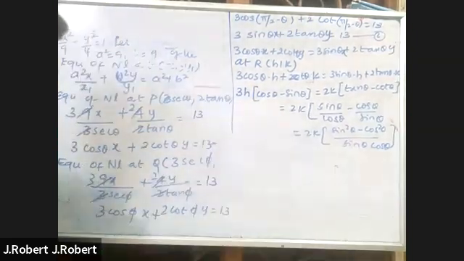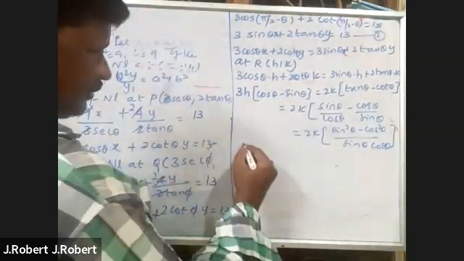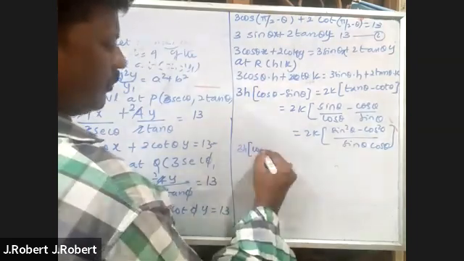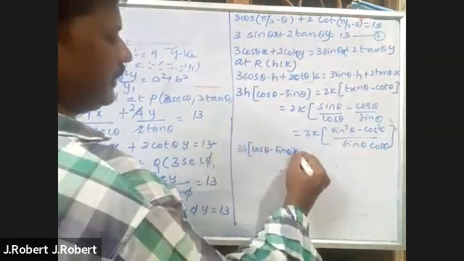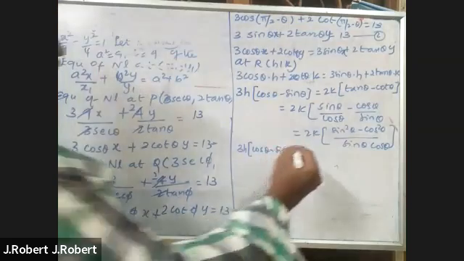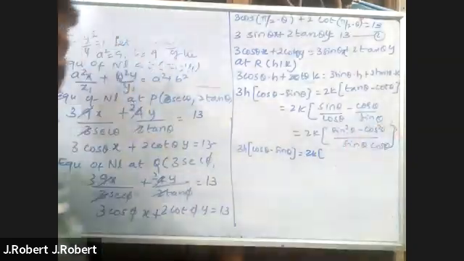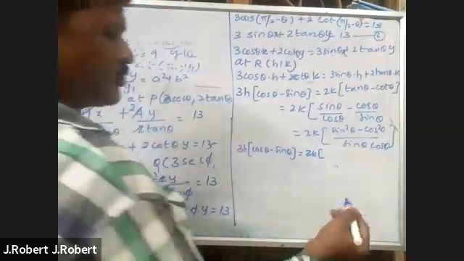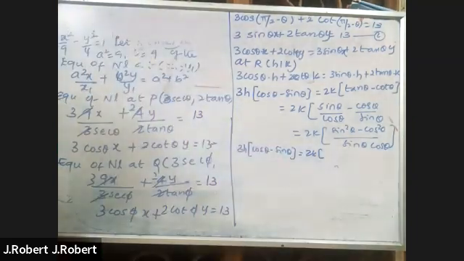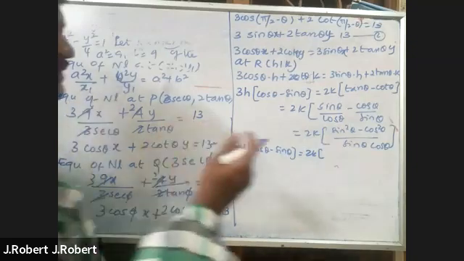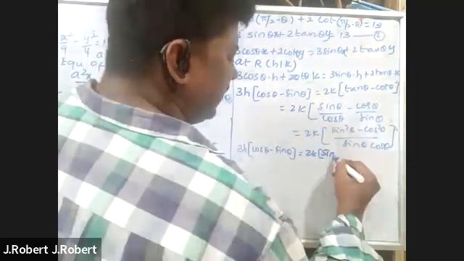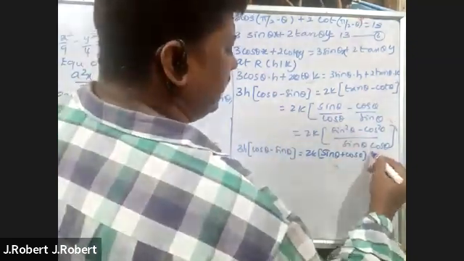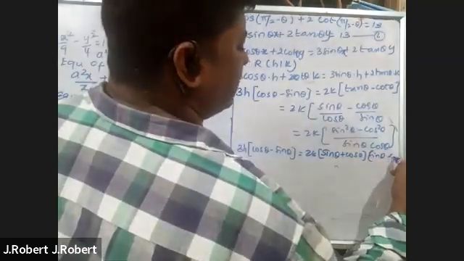Next step. Your 3h into cos theta minus sin theta equals 2k into this expression. This is of the form a squared minus b squared, a plus b into a minus b. So sin squared theta minus cos squared theta is sin theta plus cos theta into sin theta minus cos theta.